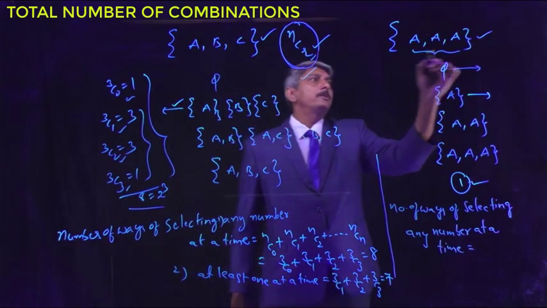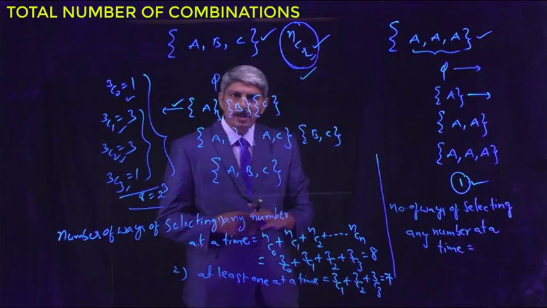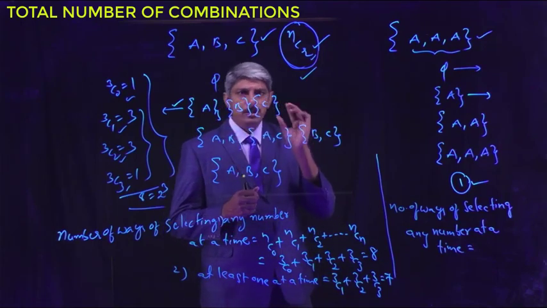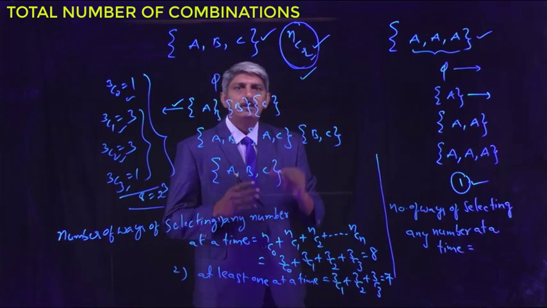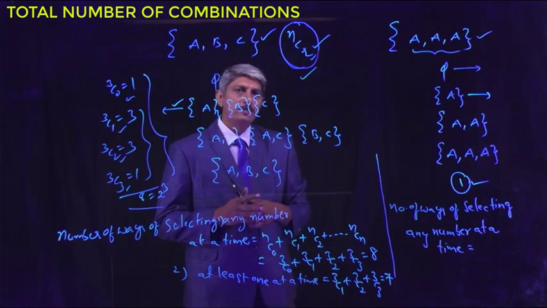There are how many possibilities? There are three. So here also we have to select 0, 1 object, or 2 objects, or 3 objects.